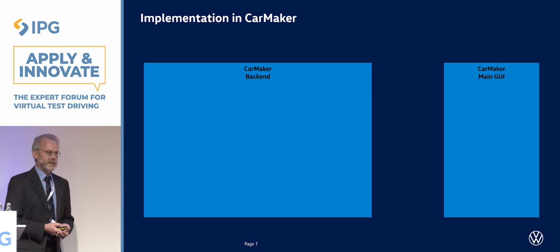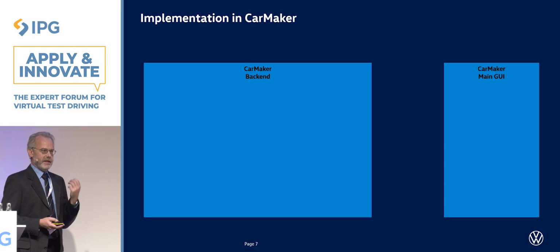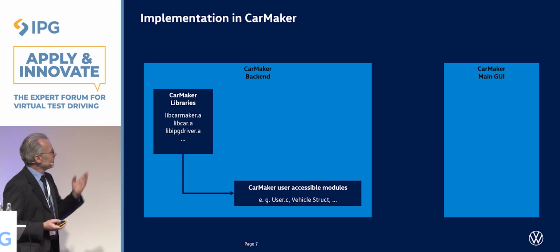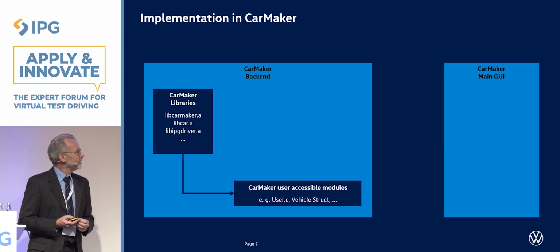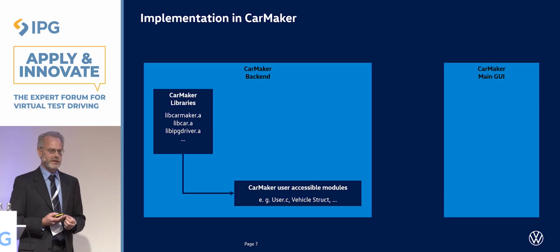In CarMaker, this means that we need add-ons to both main building blocks, the back end and the front end. In the back end, we have to connect to the standard libraries of CarMaker in order, for instance, to use the IPG driver. And for this implementation, we chose the option to use the user-accessible modules.